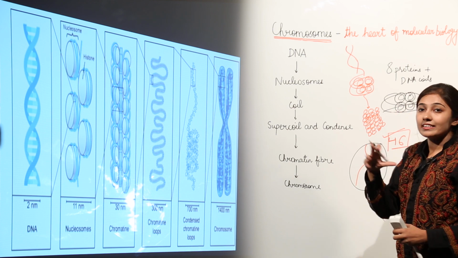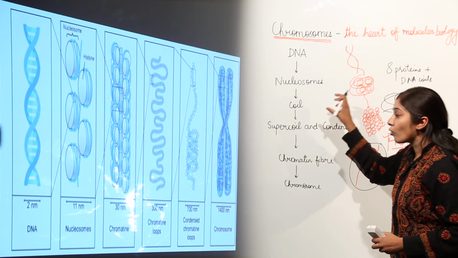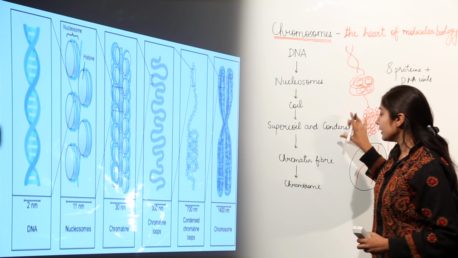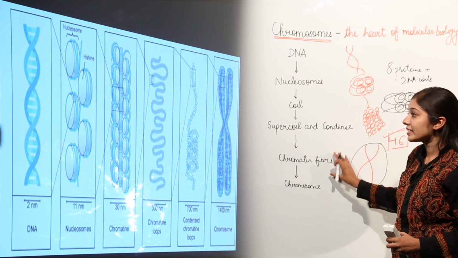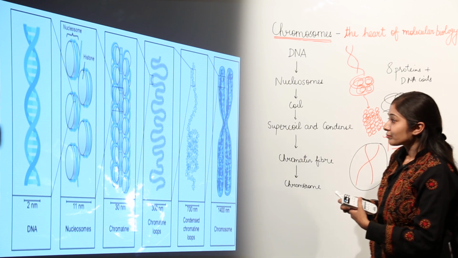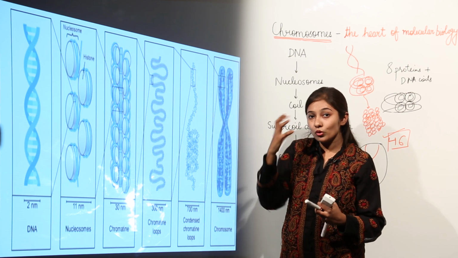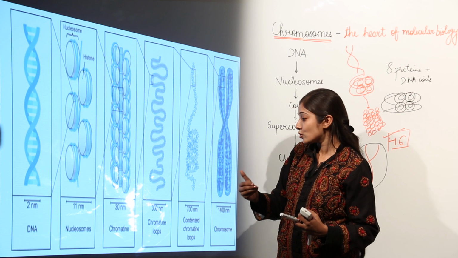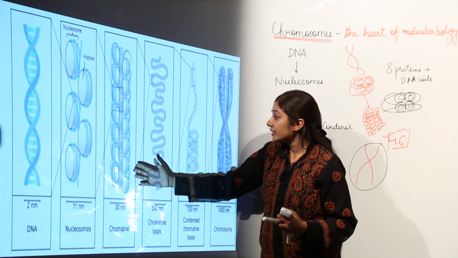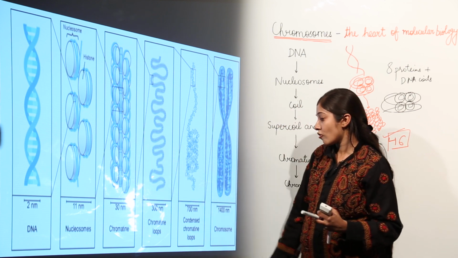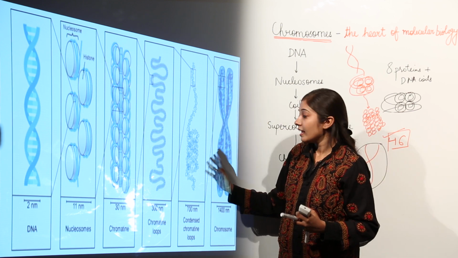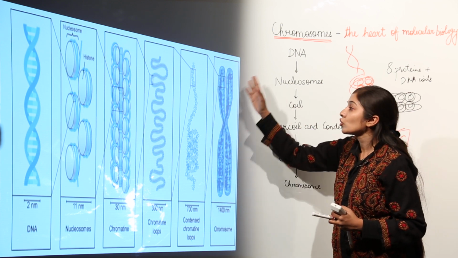Many nucleosomes like this arrange themselves, they coil, they supercoil and condense, and then they form a chromatin fiber. So you can see that I was talking about a single nucleosome, and then this nucleosome is coiling again and again to form a chromatin. This chromatin further condenses to form condensed chromatin, and then further it forms chromosome.